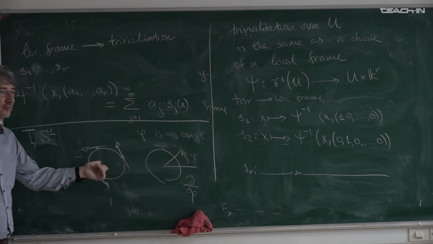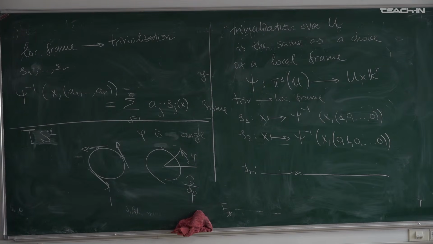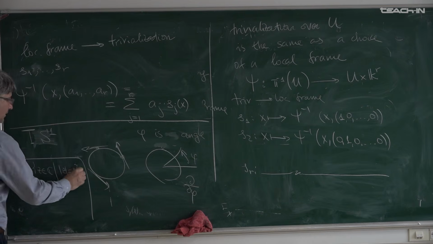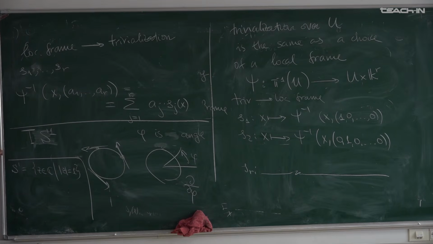This is drawn here. If you want to represent a circle as a collection of complex numbers, it's also possible. If you write S1 as a collection of complex numbers which are equal to 1 after taking modulus, then what is a section at the point z?